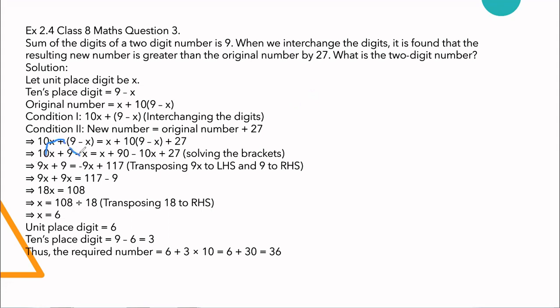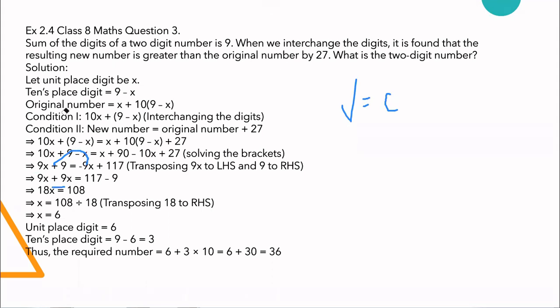Let us go with the LHS part now. 10x minus x will give me 9x and plus 9 is written as it is. Let us go forward now. As usual, we bring all the variables to one side and all the constants to the other side. So the variables, which are minus 9x, I'll be transposing to the LHS part, which converts to plus 9x.